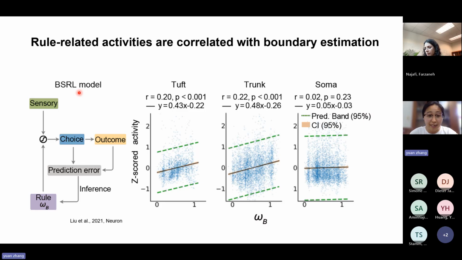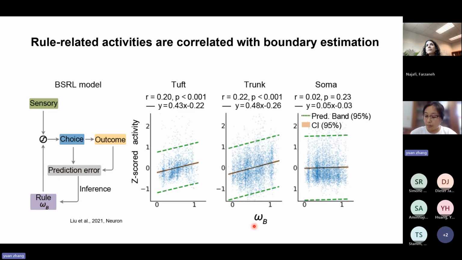Yeah, so far we don't have it, but we have this correlated value, because the boundary estimation value is calculated trial by trial. So each trial would have an estimation for the boundary, and each trial there is a calcium activity value.